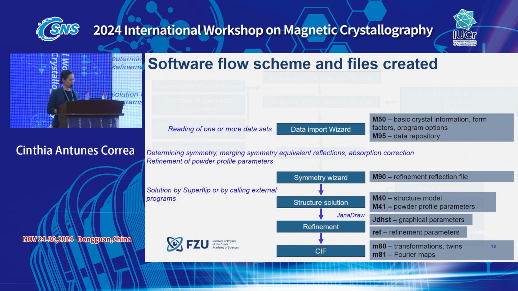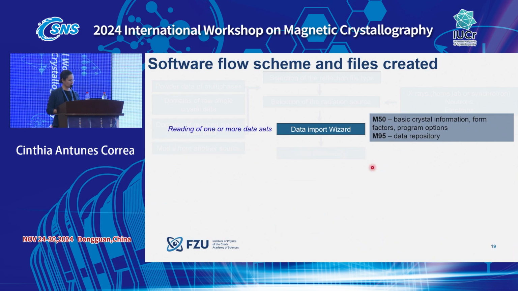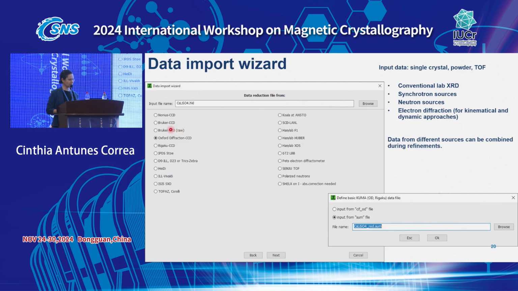So, once you read one or more data sets, JANA will create M50 and M95, and then it will use these files to run the symmetry wizard, solution, and refinement. Starting with the data import wizard, we select in which instrument you measured your data, so which type of file you have.